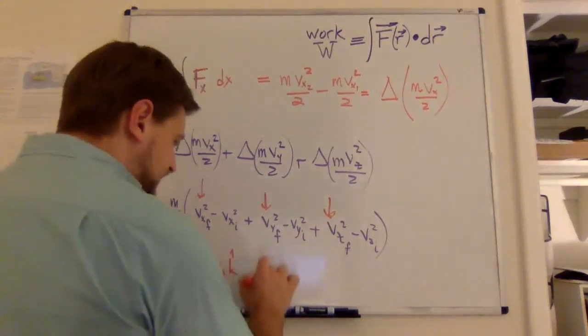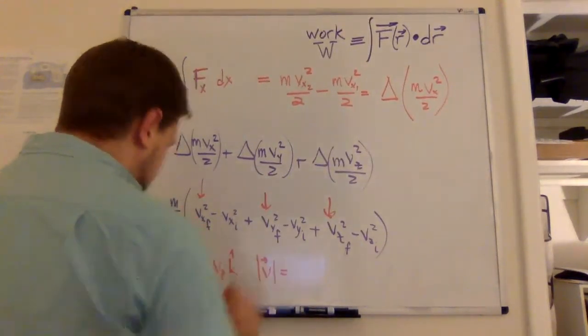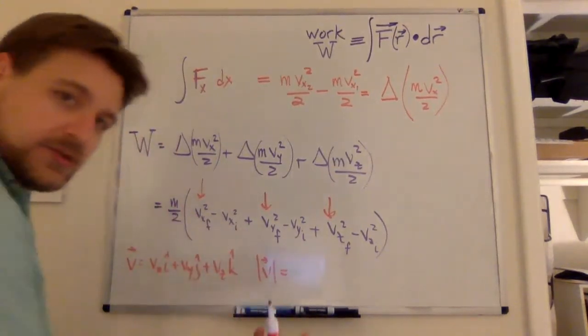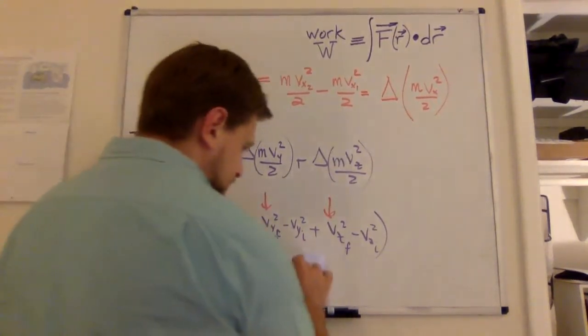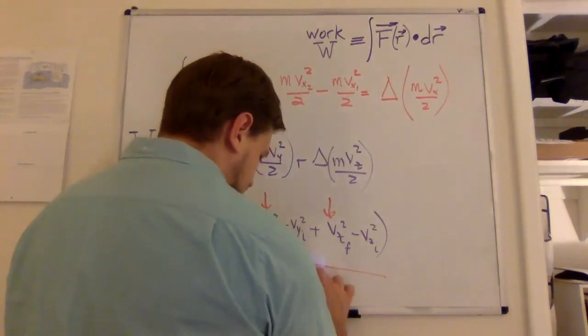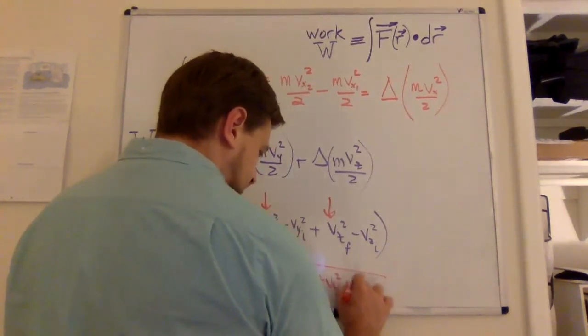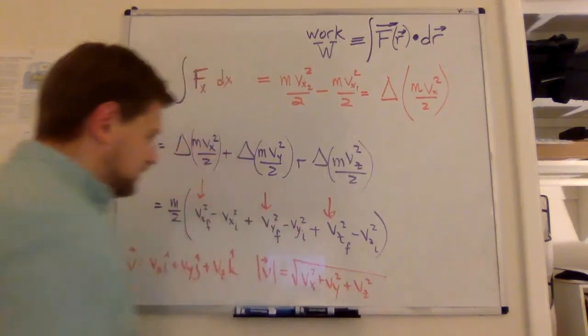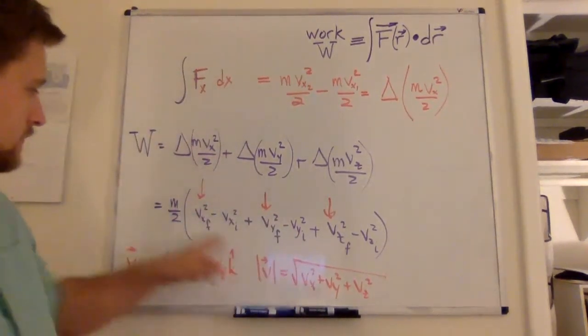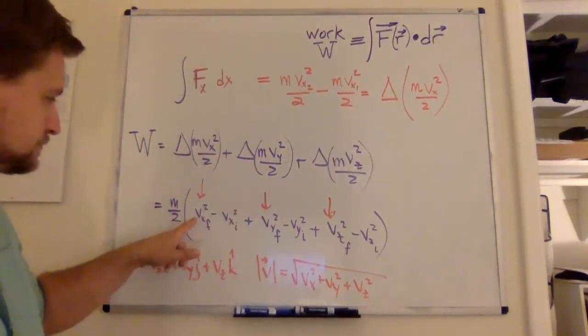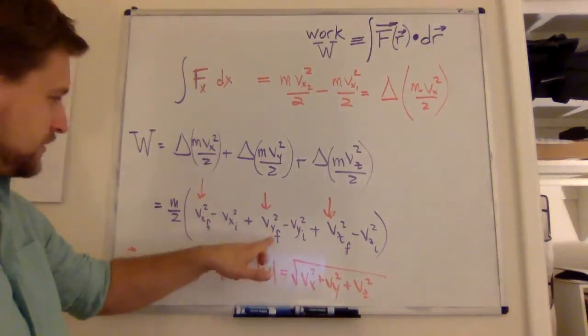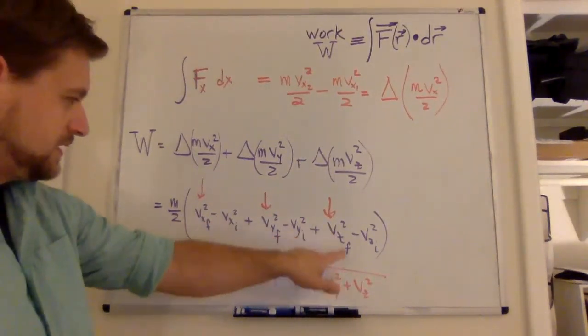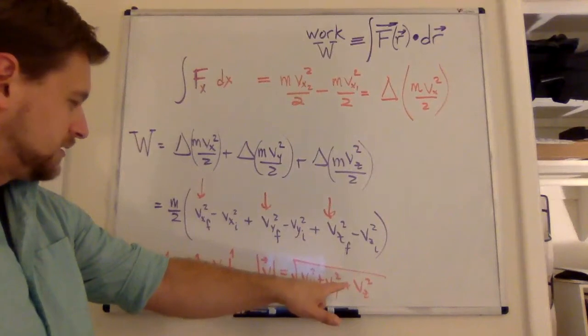If we wanted to find the magnitude of vector v, we would use the three-dimensional Pythagorean theorem: vx squared plus vy squared plus vz squared.